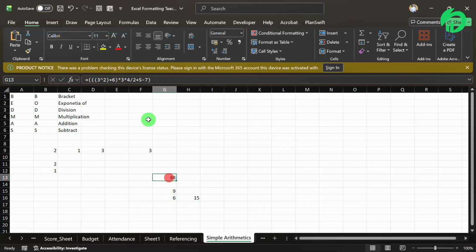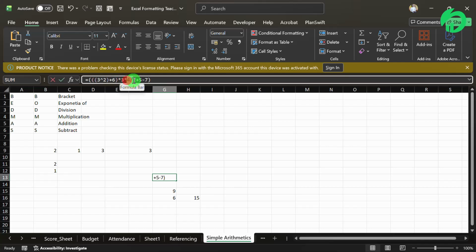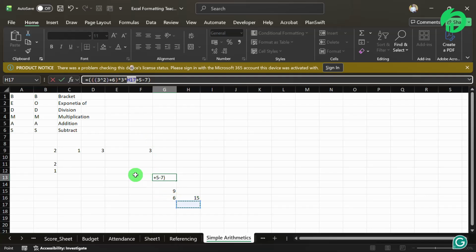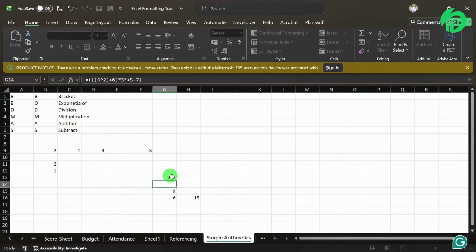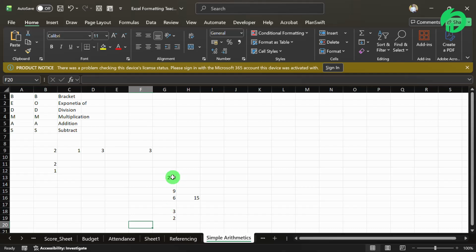So for the other parts, we have multiply by 3, multiply by 4. So our next guy is our division. That means that this is 2, which means we have our 3 here, our 2 here.